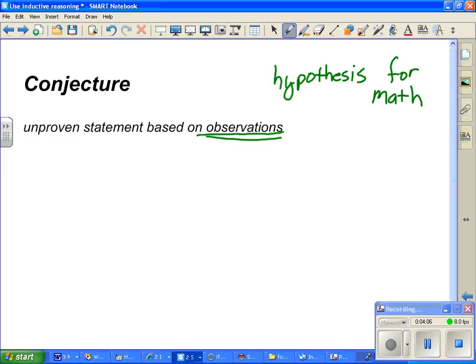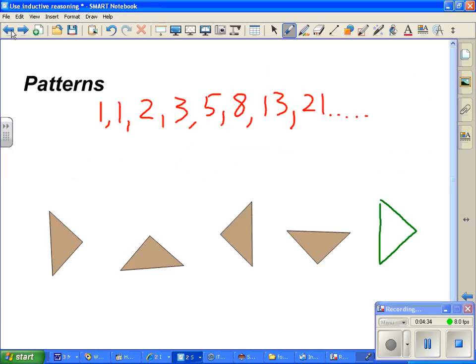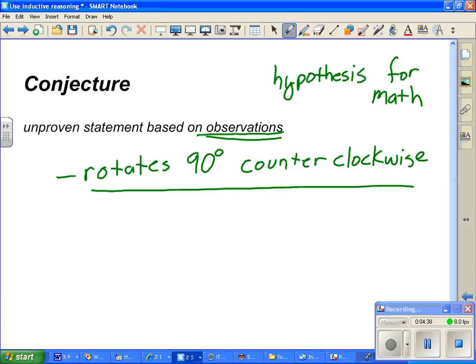So that original pattern we have over with the triangles, our conjecture would have been: rotates 90 degrees counterclockwise. That's what's happening every time, correct? If I go back to my triangles, that's what's happening every time down here. The triangles are rotating 90 degrees counterclockwise.